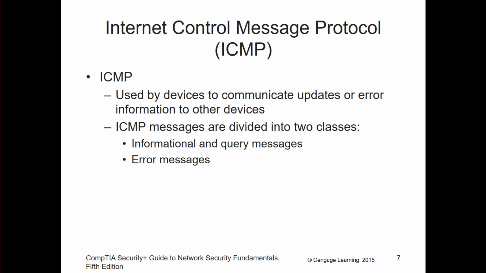You're probably going to most see this in ping, because ping acts as an echo request that sends an ICMP request out, and it's used by devices to communicate updates or error information. Basically, it's informational and query messages, echo requests, or error messages. Just because ICMP may fail does not necessarily mean that the other end is down. It could just be set to not respond.